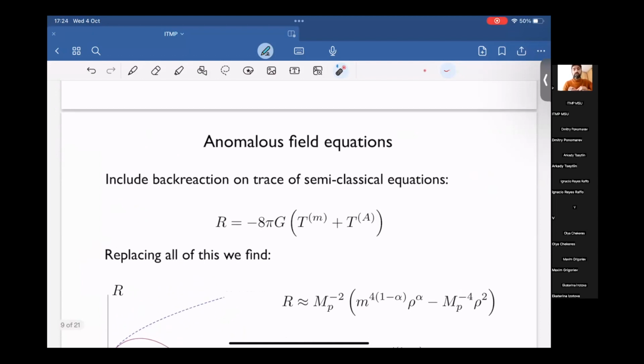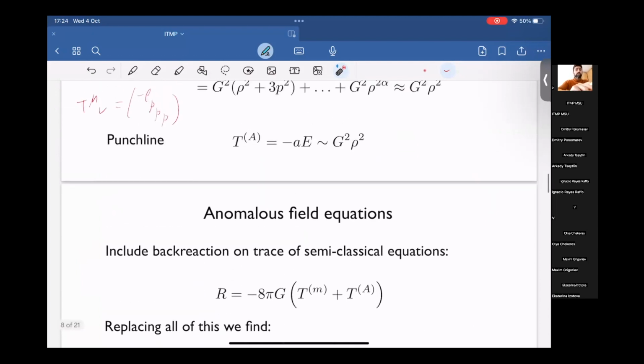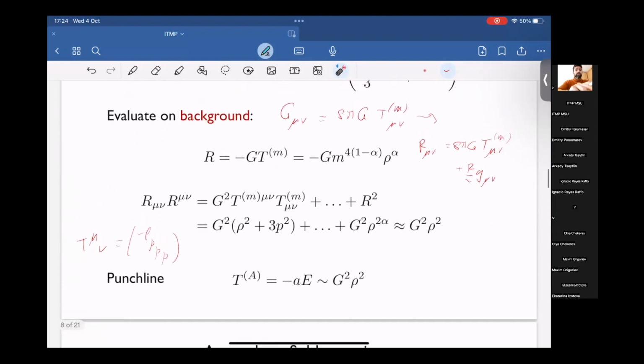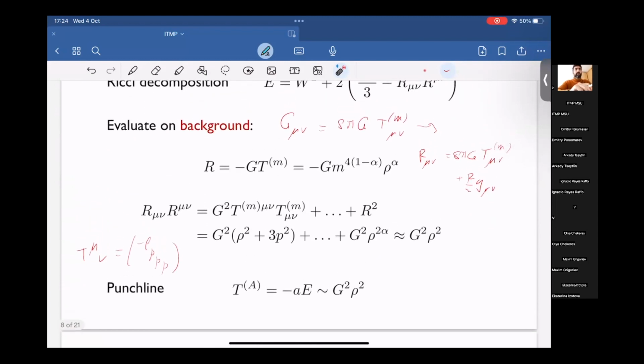Can I actually ask a question? Which particular model do you have in mind? Because the conformal anomaly you're talking about refers to some quantum field theory in this curved background.